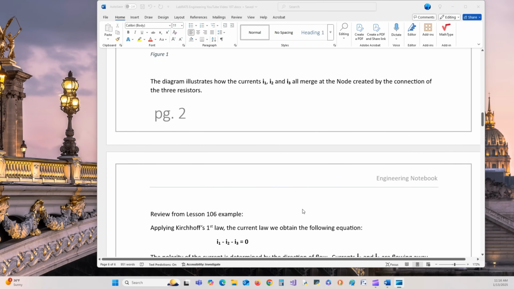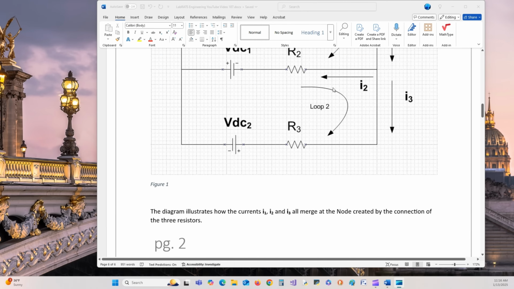So let's go to loop 2. Loop 2, clockwise rotation. These currents having two voltages here kind of mess us up. So this is negative to positive now. So there'll be a positive R2 times I2 as the voltage drop across this resistor using Ohm's law.